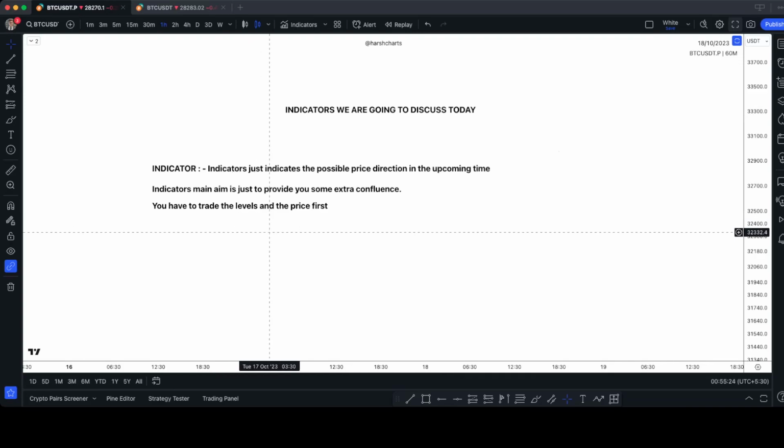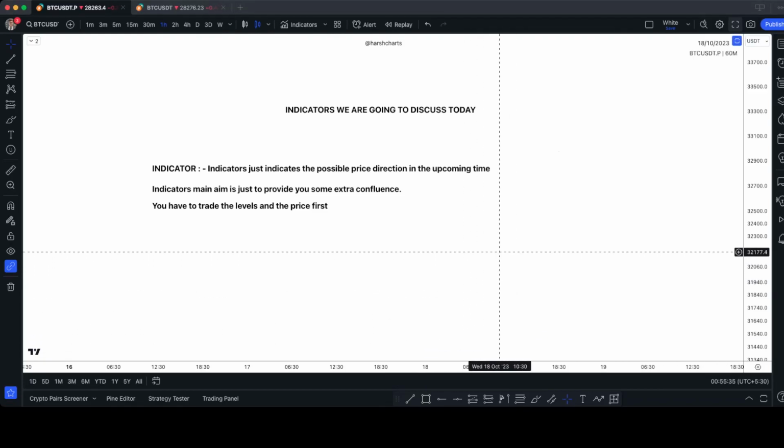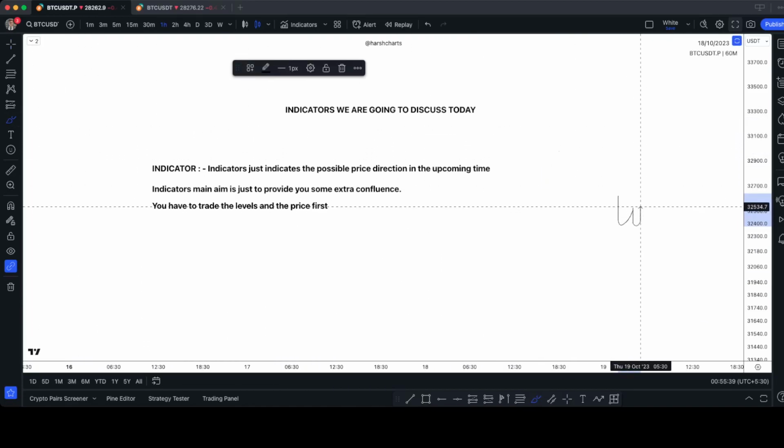Now, why do we use indicators? Whenever we are on a price, if you are a beginner, it's very good to use indicators because they can give you an extra confluence. Let's say the price is on the support, but I am not seeing anything that lets me go long. I cannot just trade and long the support, right? I need a little bit more confluence.